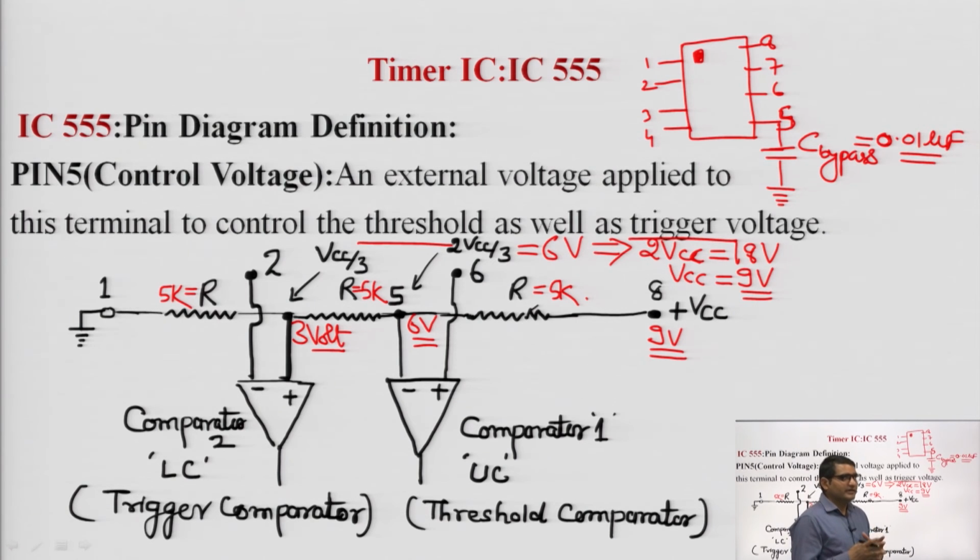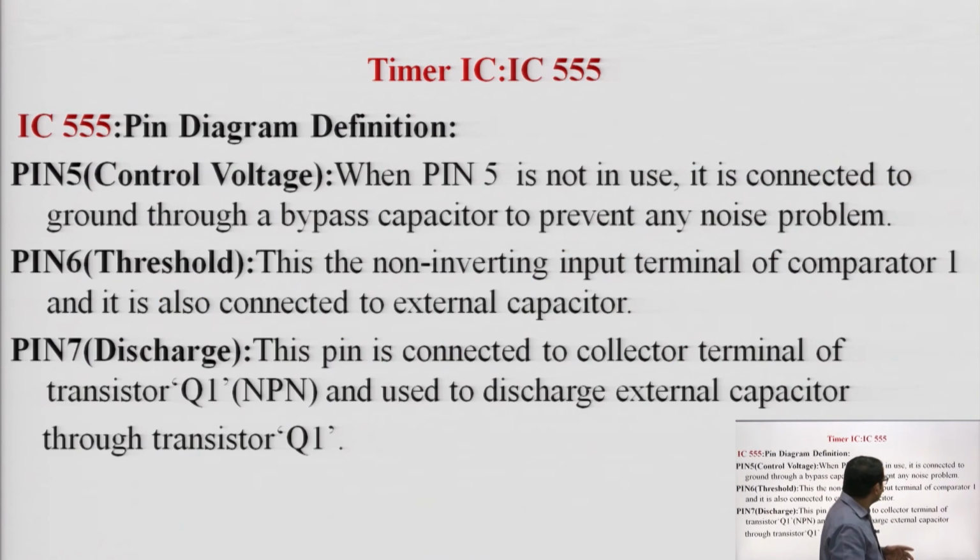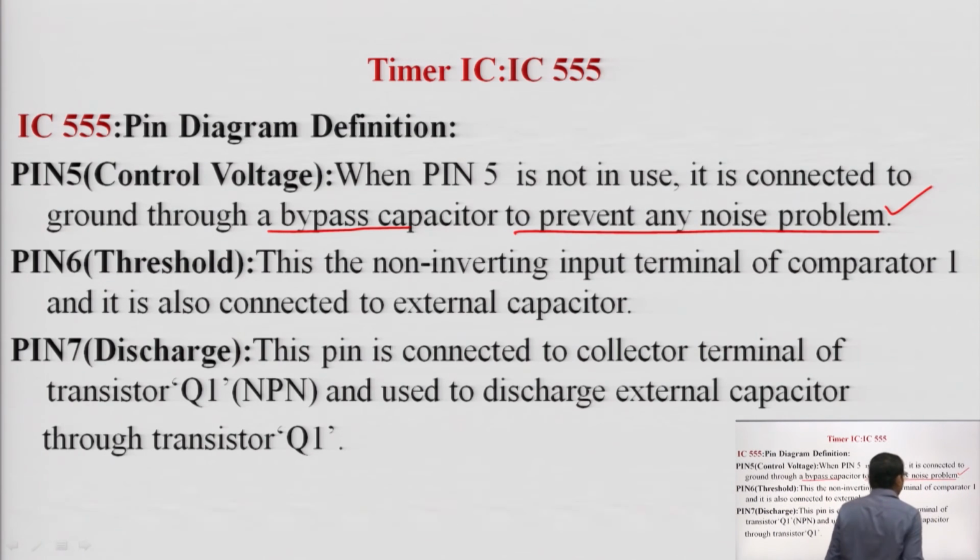If pin number 5 is not in use, then it is connected to a bypass capacitor, and the value generally chosen is 0.01 microfarad. Here pin number 5 is connected to ground through a bypass capacitor to prevent any noise problem.